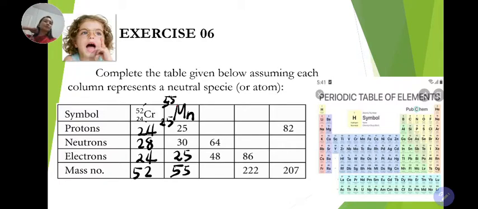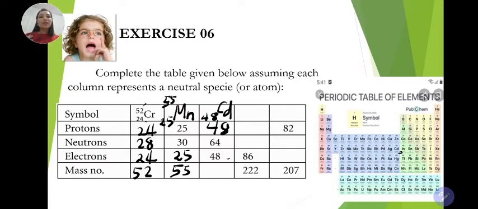Okay, now the next column has 64 neutrons and 48 electrons. If we have 48 electrons, we have 48 protons also. So, our atomic number will be 48 for our atom. Looking at the periodic table, the element with atomic number 48 is cadmium, Cd.